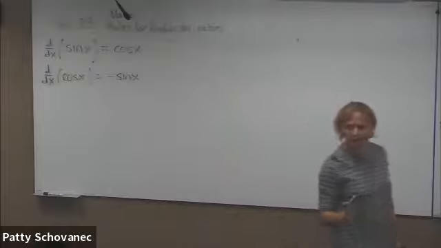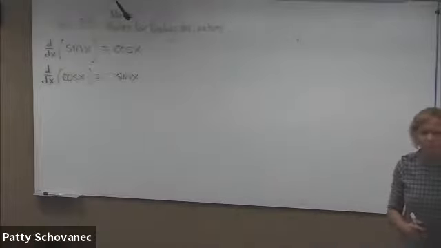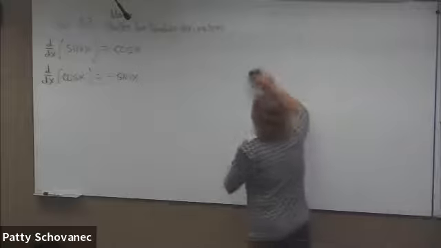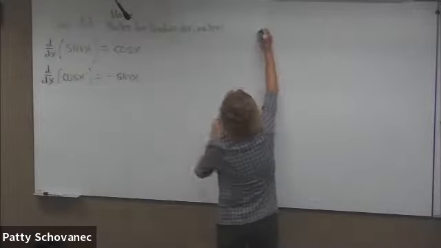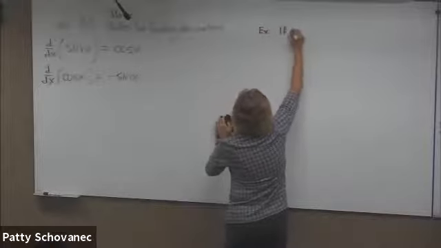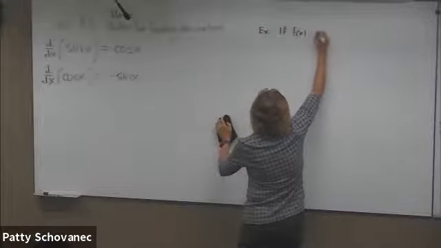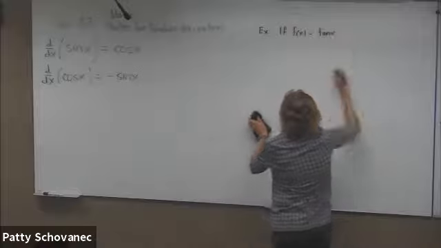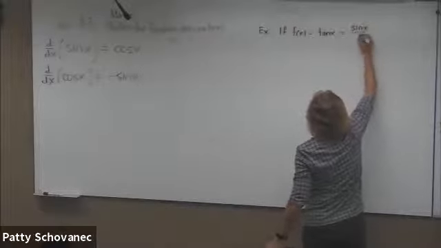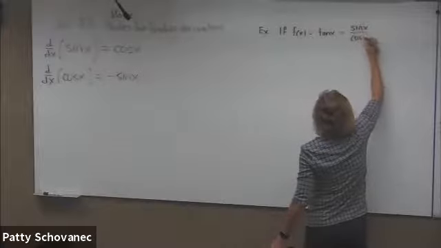Now you're going to figure out the derivatives of the rest using the quotient rule. So let's do the quotient rule to get the derivative formula for the tangent of x. If f of x is equal to the tangent of x, we can write the tangent of x as the sine of x over the cosine of x.